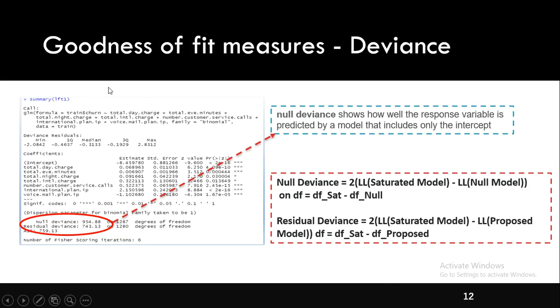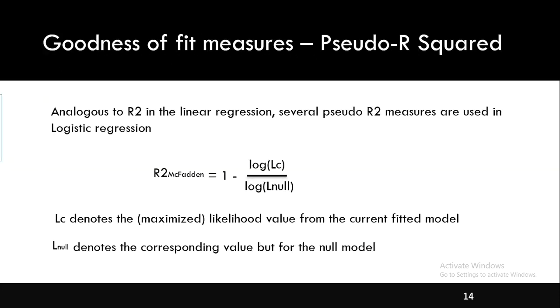This model is printed in R. The Fisher scoring iteration is 6. The lesser the iterations, the better. A higher number of iterations may be a cause for concern, indicating that the algorithm is not converging properly.